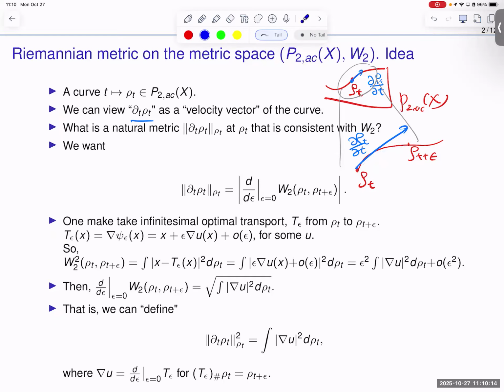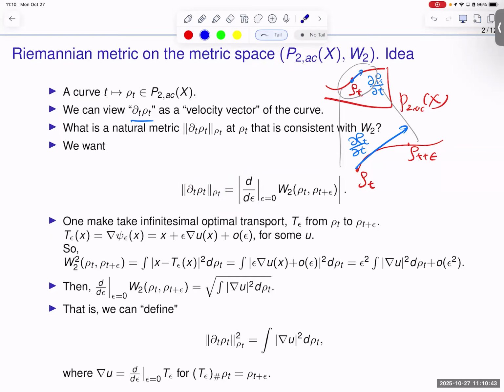In other words, this is the velocity, and the size of the velocity, the speed of this curve, is nothing but the derivative of the Wasserstein distance between the nearby points.